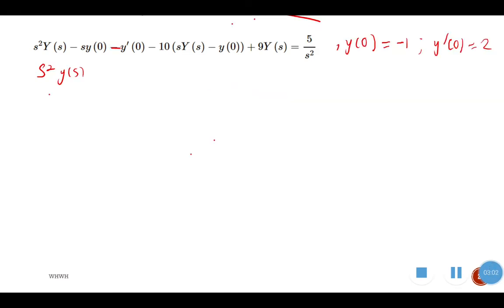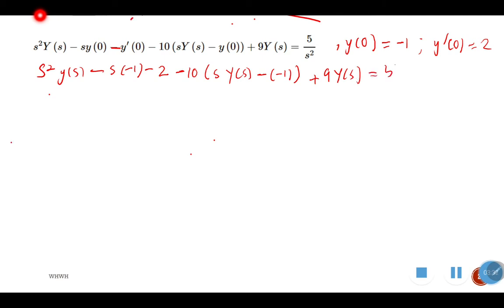So we have s squared Y(s) minus s times minus 1, and minus 2. Then minus 10 times s Y(s) minus y(0) again, so y(0) is minus 1, plus 9Y(s) equals 5 over s squared.